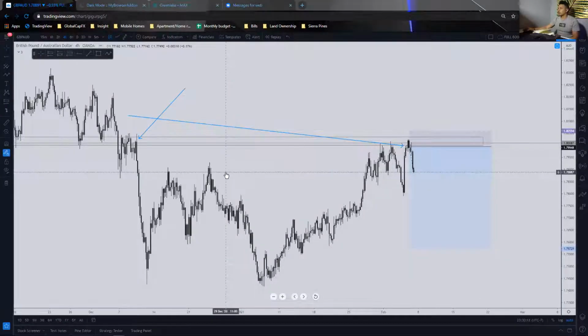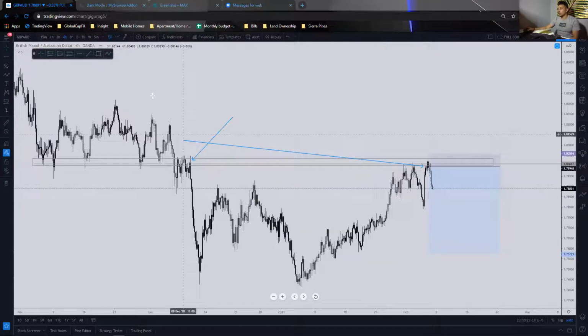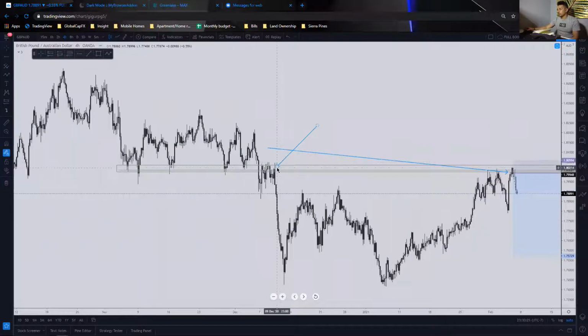So this is my markup for Great Britain, Australia. I'm actually anticipating the market to go down on this one, but just take a look what I have marked up here. So as you can see, you have a horizontal level here.